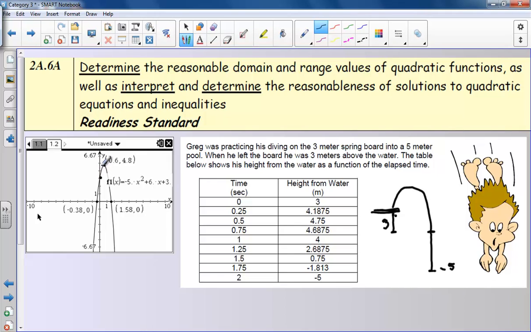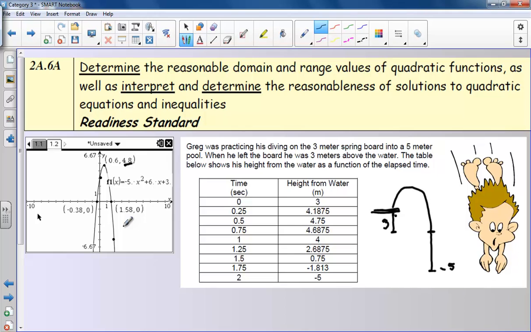That's where he first jumps off. He reaches a maximum height of 4.8 meters. Takes him 0.6 seconds to do so. He hits the water right here after 1.58 seconds, and then he's going to travel on down and hit -5 right down here. And that's really the end of our situation. It's just that part of it.